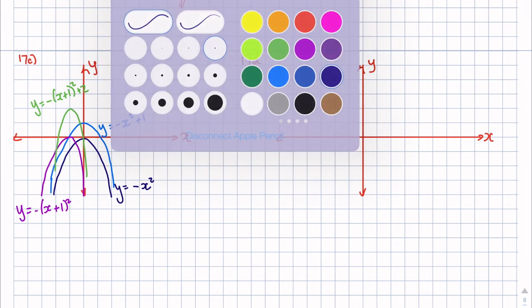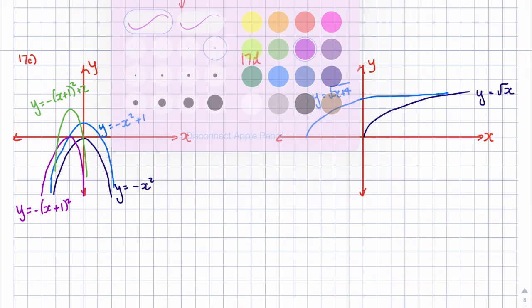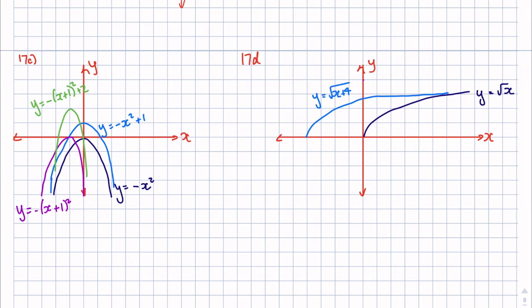So my normal y equals root x is going to look like that. My y equals root x plus 4 is going to look like that.